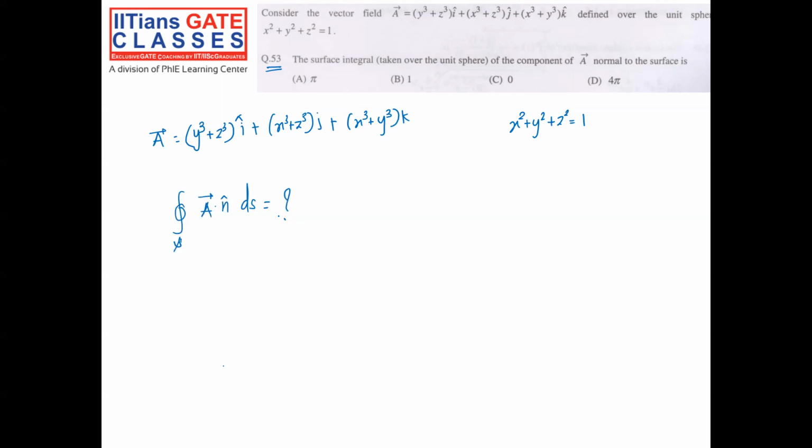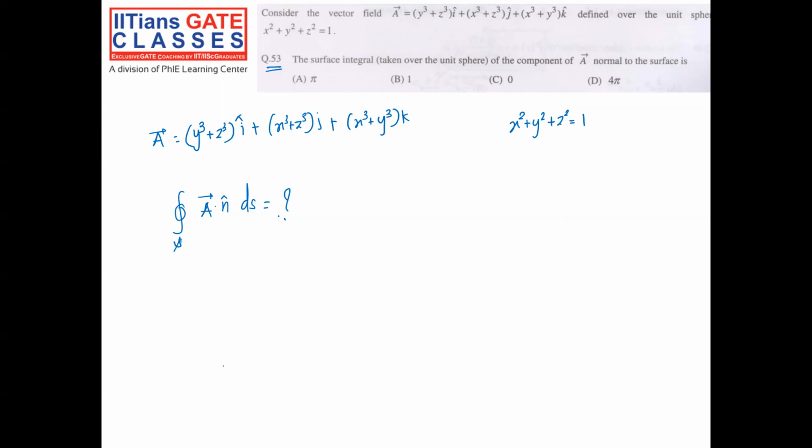Here we can solve this question very easily by applying the Gauss divergence theorem. What the Gauss divergence theorem says is we can convert the surface integral into the volumetric integral, in case we have a closed surface. And that is what satisfies our criteria here.